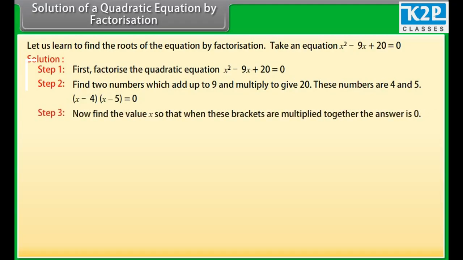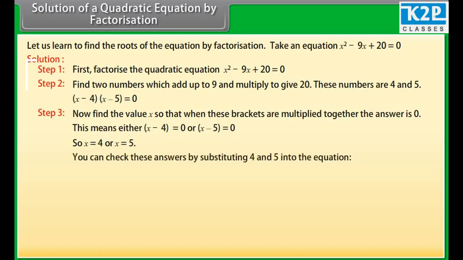Now find the value of x so that when these brackets are multiplied together, the answer is 0. This means either x minus 4 is equal to 0 or x minus 5 is equal to 0. So, x is equal to 4 or x is equal to 5. You can check these answers by substituting 4 and 5 into x square minus 9x plus 20.